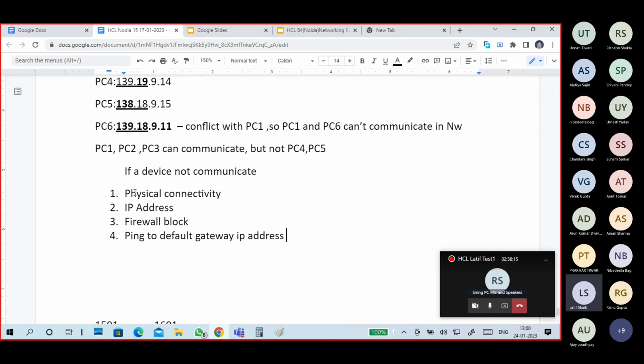Try to ping the default gateway. If any blockage is there, you will understand. So this is a follow-up. Next, IP address configuration already. Check the IP address. Same network or different.